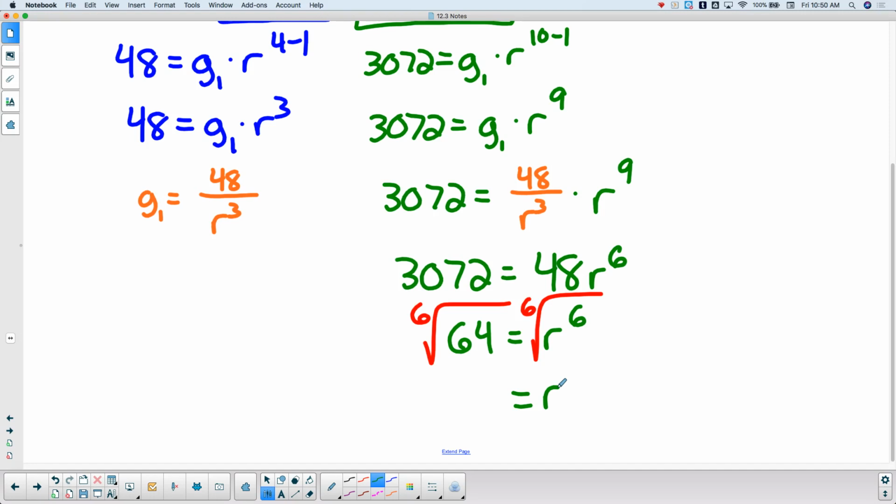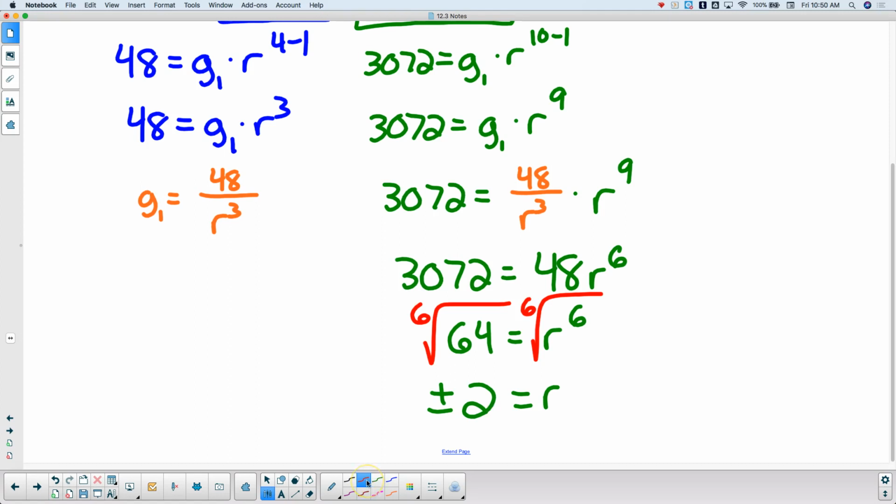Because it lands on a positive 64 if it's negative. If you keep doing it, it's a positive no matter what.